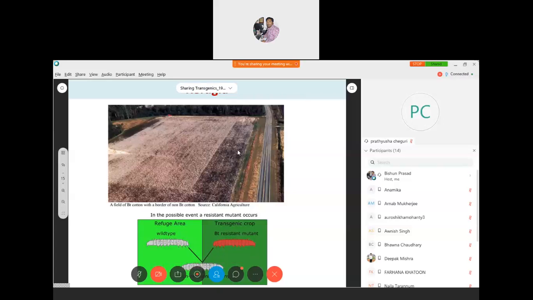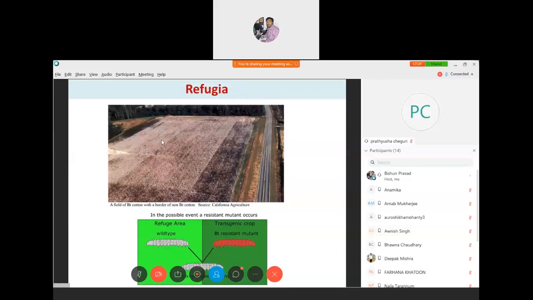So in refugia, you can see there are lots of larvae. But in the case of a normal field where transgenic plants are growing, you can find very few larvae. So there is very little damage.